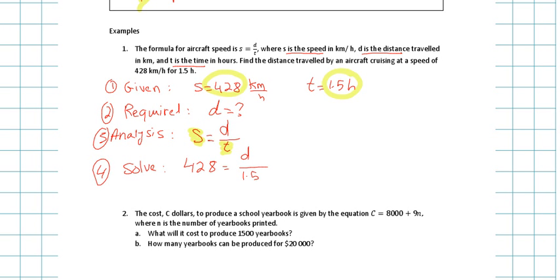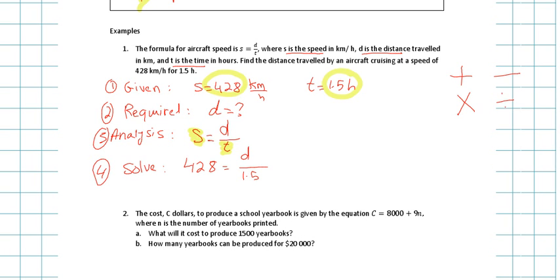What did we talk about with opposite operations? What's the opposite of positive? What's the opposite of multiplication? What's the opposite of division? What's the opposite of negative? Positive. Now, what letter am I isolating for? D. There's only one letter. It's right here.